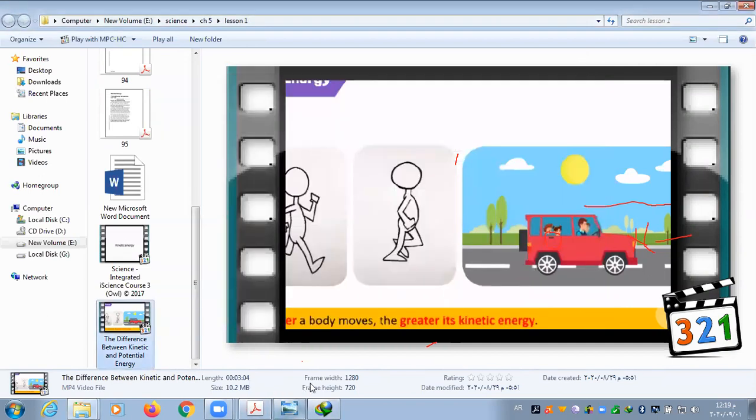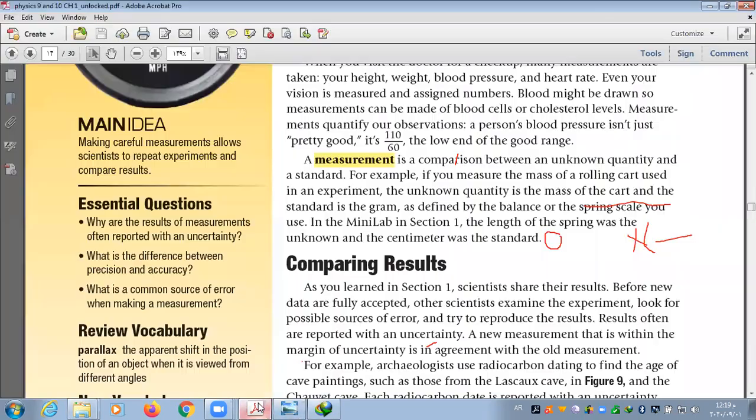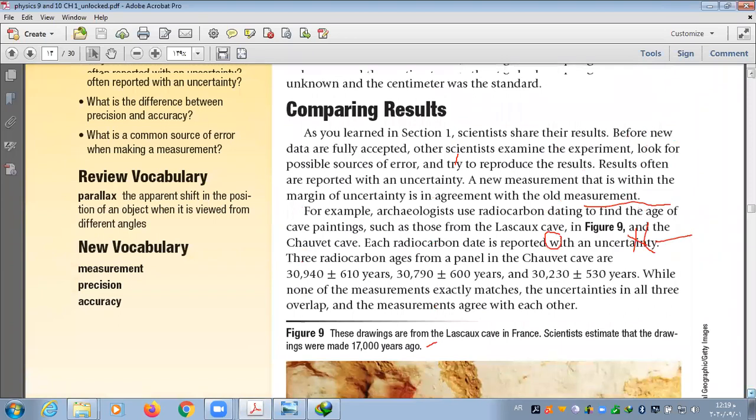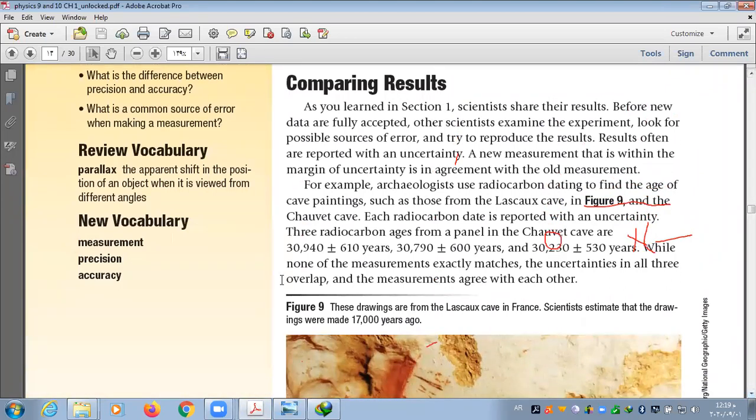Okay, I'll just remind you of the difference between precision and accuracy. If we have a mass of 10 gram, and I asked you to measure the mass using a balance. Two students.